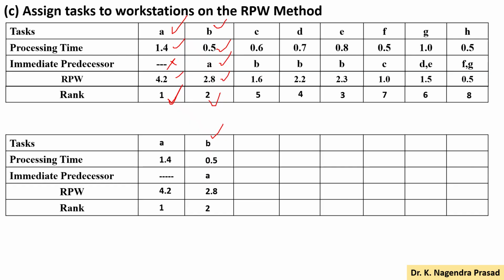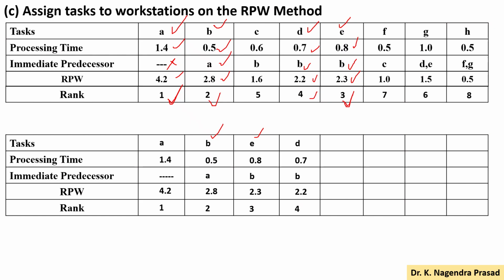Next, rank 3 is for task E. Its processing time is 0.8, immediate predecessor is B, RPW value is 2.3, and rank is 3. Next, rank 4 for task D: processing time is 0.7, immediate predecessor is B, RPW value is 2.2, and rank is 4.